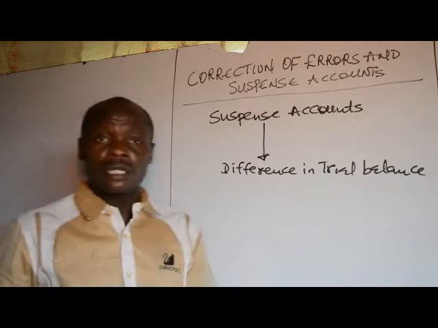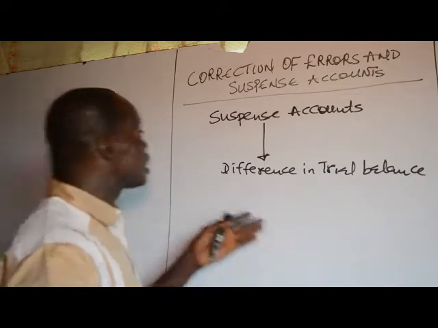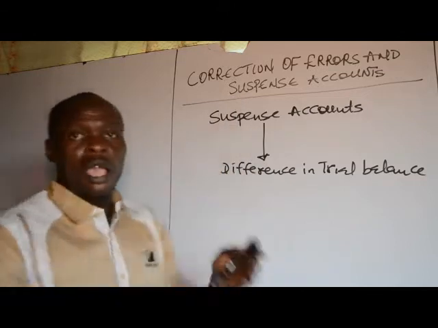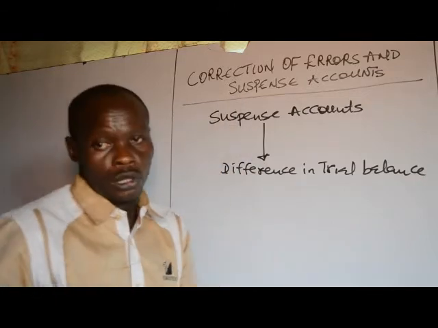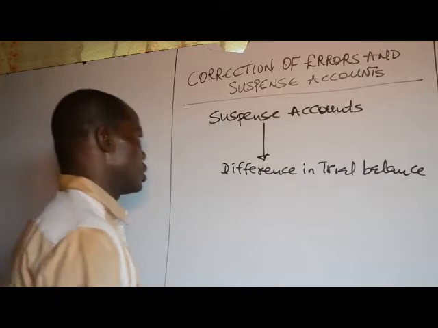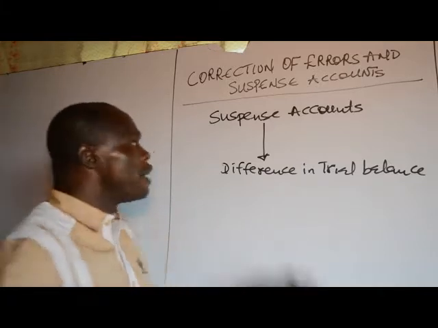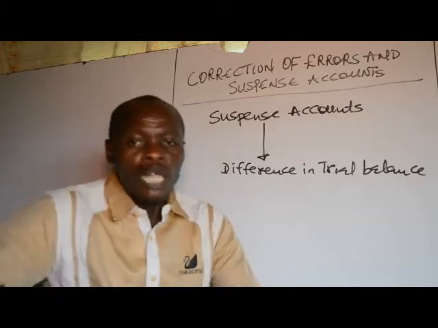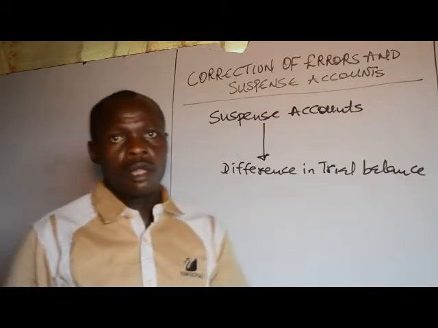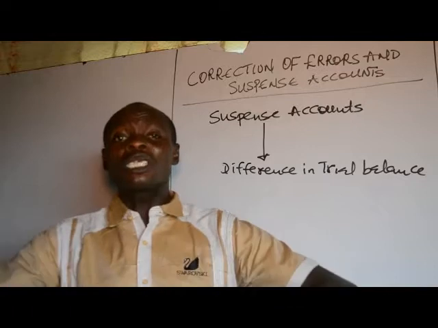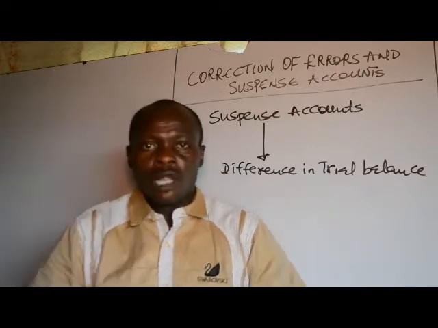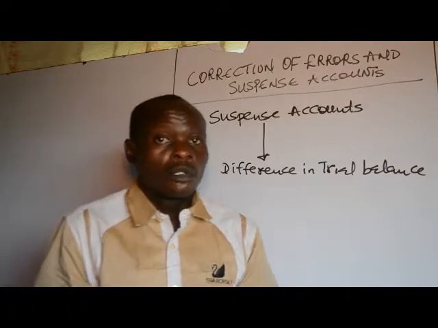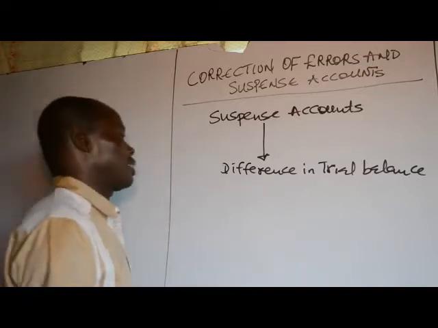I want you to know that a suspense account does not provide a permanent record of those errors. They are recorded pending the location of the errors, and the moment they are discovered, they will be written off from the suspense account.